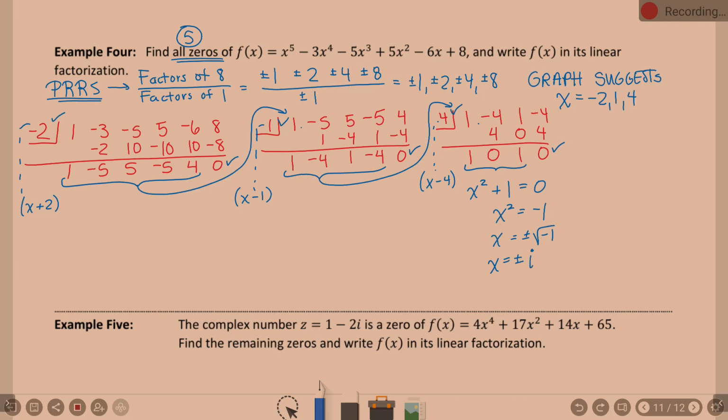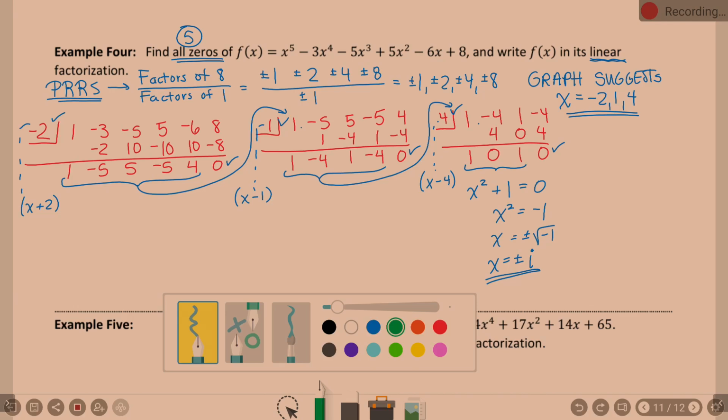Okay? So, the graph suggested these three. With some synthetic division to factor us down, we are at these three. Officially, it doesn't even ask me to write my answers. It asks me for a linear factorization. So, what factors did we come up with? -2.